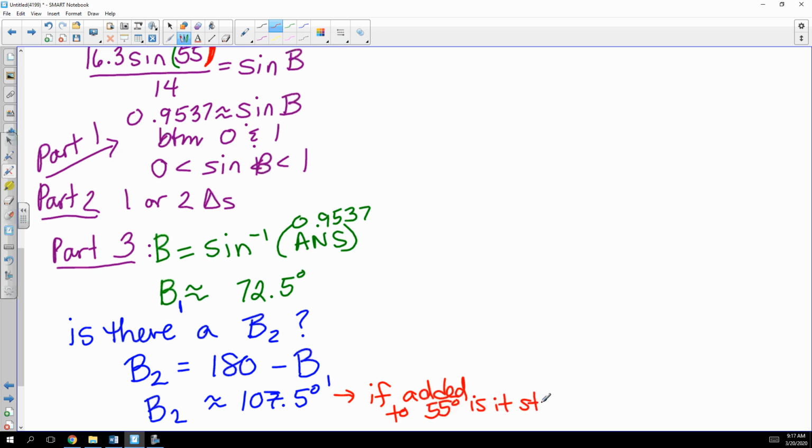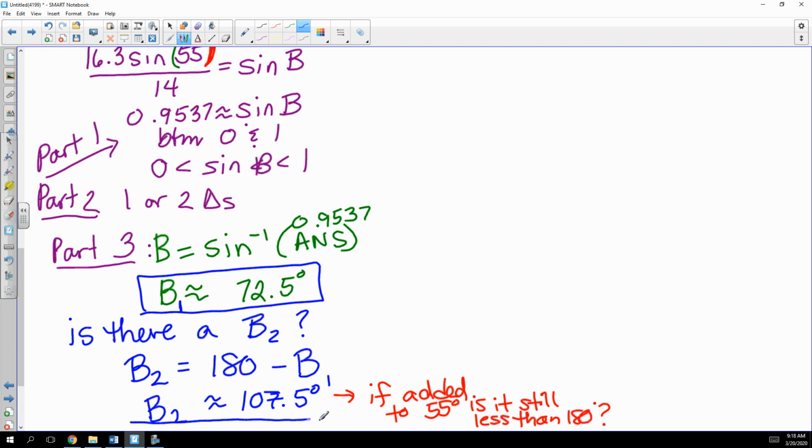Is it still less than 180? If the answer is yes, then you have two triangles. That's really what's telling me. So 107.5 plus 55 is only going to be 162.5. So definitely there's still extra wiggle room that's less than 180, so you definitely have two triangles here. Just watch out for that. So you do have a B sub 1 and a B sub 2, and this is what you would type in.